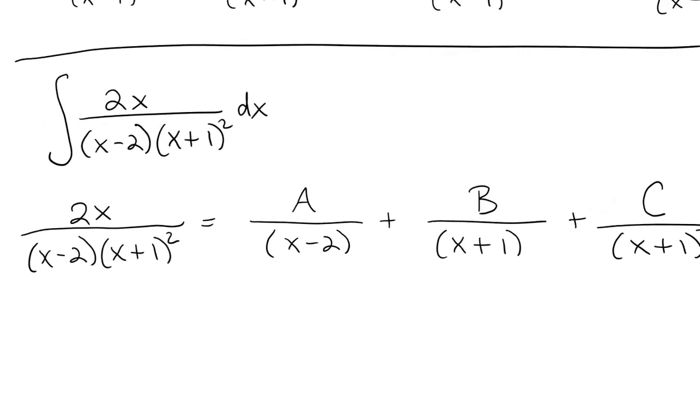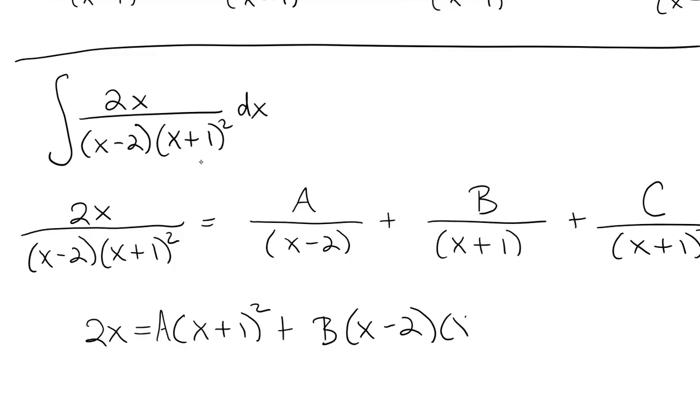Well, now if we multiply both sides by the denominator of the left-hand side, what we get is 2x is equal to a times (x plus 1) squared, plus b times (x minus 2)(x plus 1), and then plus c times (x minus 2).